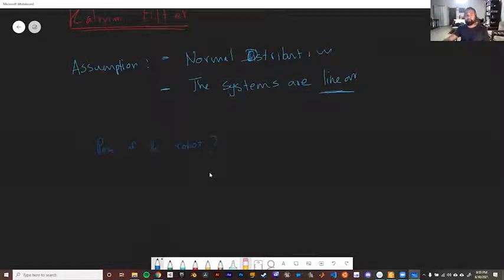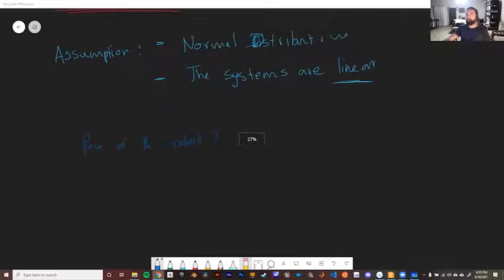And what we're trying to do is basically figure out where the robot is based on the things that we have in the robot, right? So, to give you all an intuitive understanding, I'm going to first take a simple 1D example.